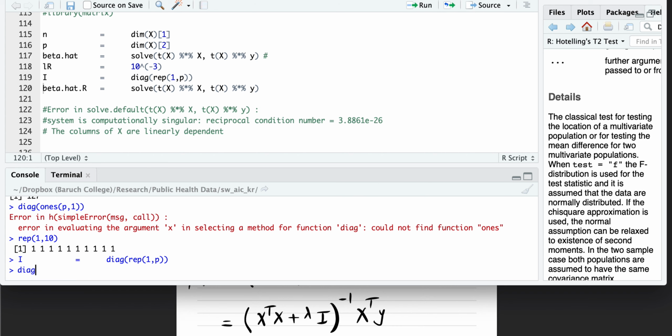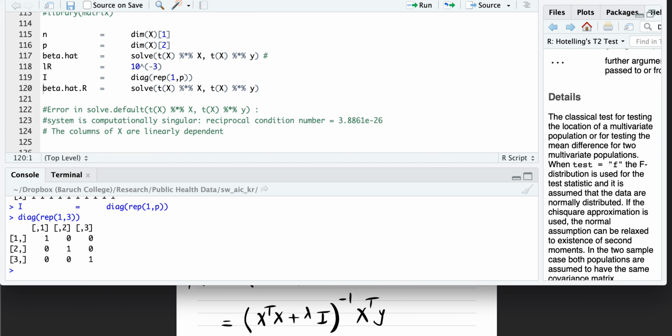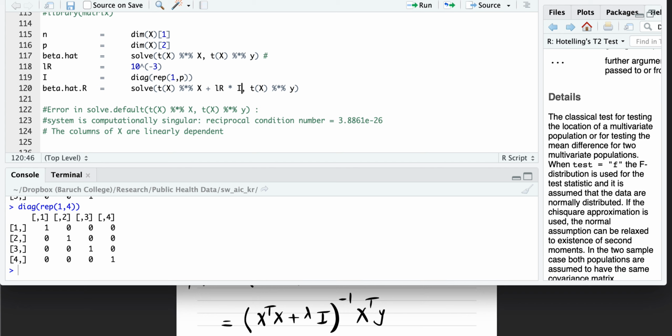So for example, diag rep 1 3. We got it. So we add this here, and then we have LR identity. Okay.